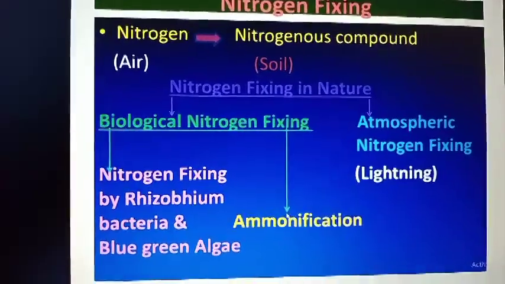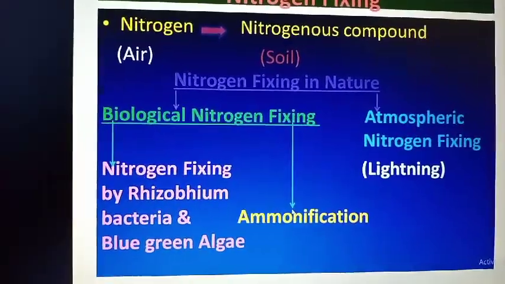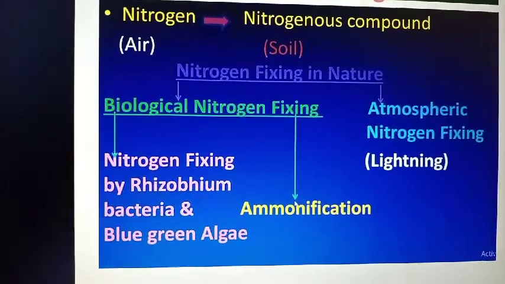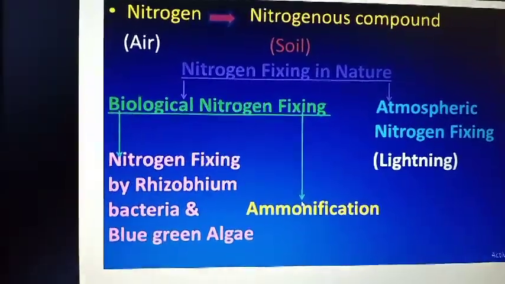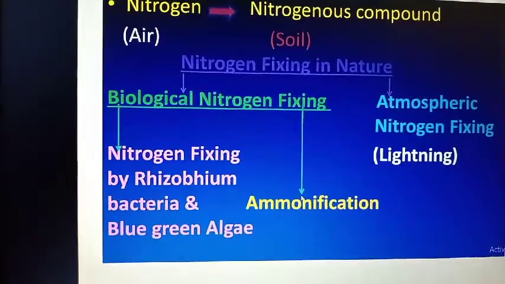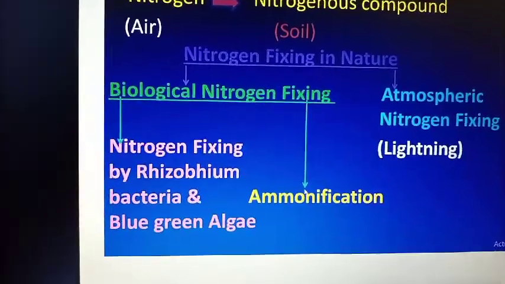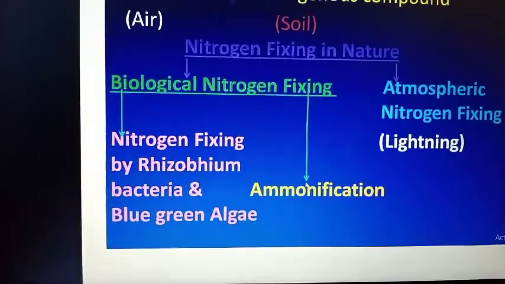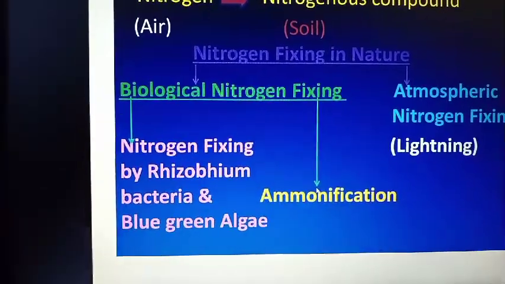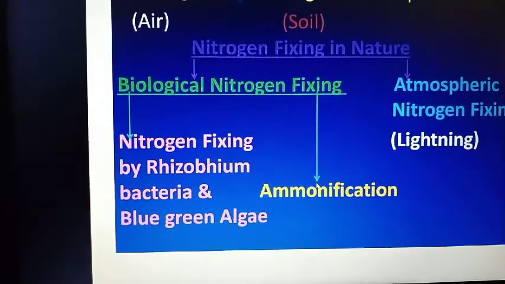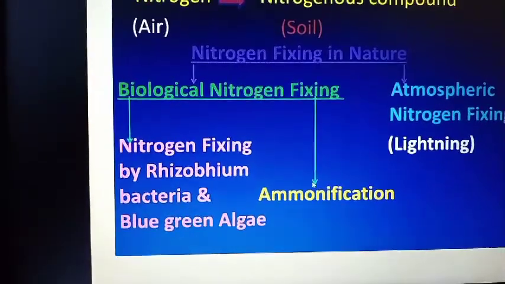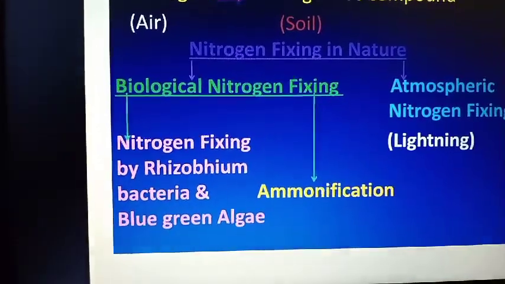We know that ammonification is when dead plants and animals and the feces or excreta of animals form nitrogenous waste, and this nitrogenous waste is decayed and decomposed by decomposing bacteria and converted into ammonia.